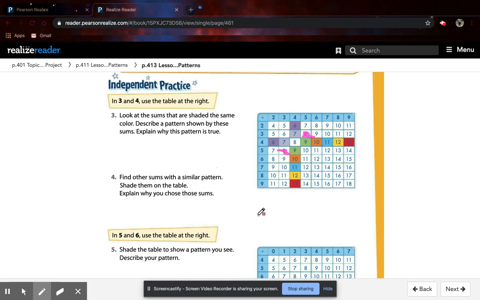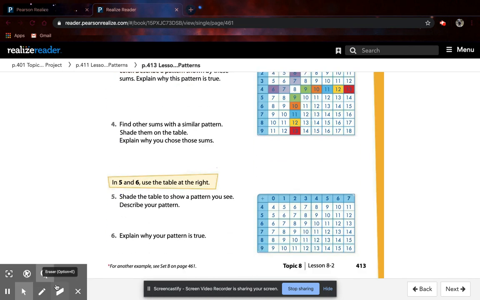They're both 8, and explain why you chose those sums. I chose them because I can still show the commutative property, because for this 8 right here and this 8 right here, I'm still adding a 5 and a 3 and a 5 and a 3 for both of them. Just like the rest of the ones that they had shaded in, I was adding a 5 and a 3 to get both of those 8s.